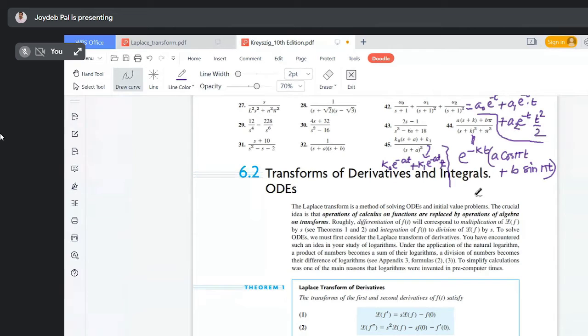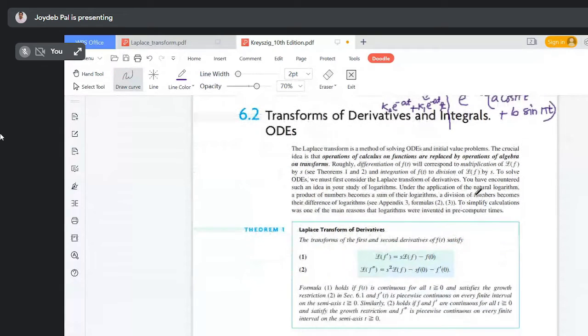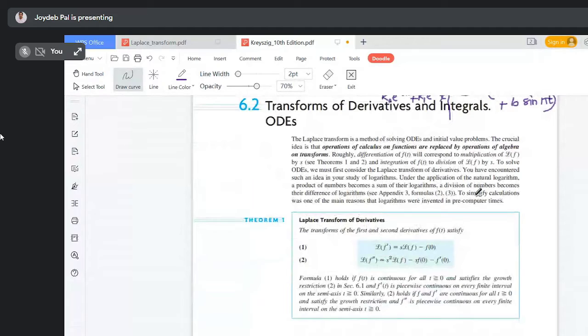That is why ये सब एक के बाद एक इंट्रोड्यूस किया जा रहा है। फाइन। Do you get it or not? What is the need of this Laplace transform? Finally, where we are going to use it?